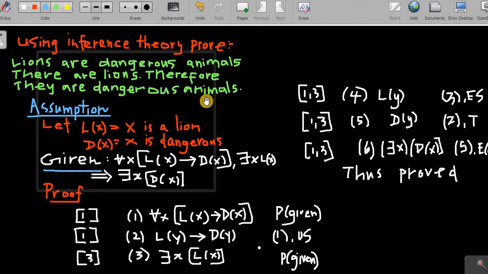We can write: for all X, L of X implies D of X; there exists X, L of X; implies the conclusion, there exists X, D of X. Conclusion: there are dangerous animals. There exists X where X is a dangerous animal.